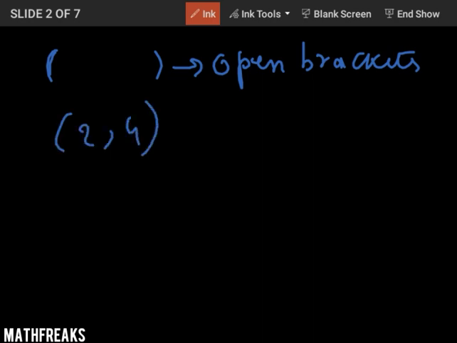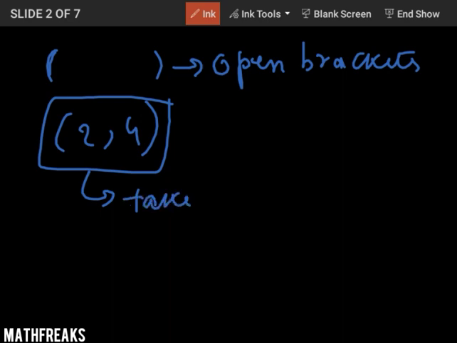So what we mean by this is, we will take all the values in between 2 and 4. It can be irrational, rational, anything. All the values between 2 and 4 excluding 2 and 4. What do we mean by open bracket?